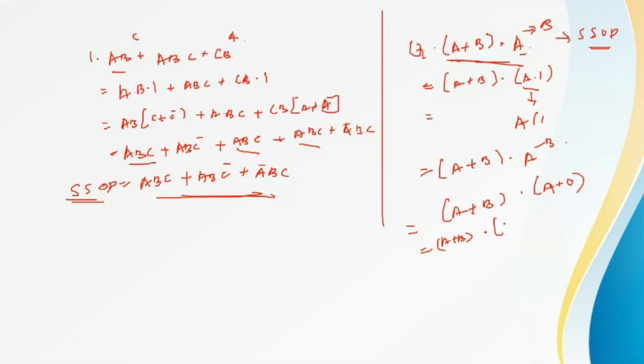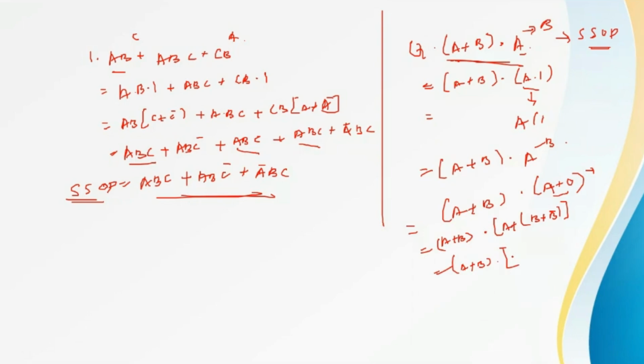A plus 0 can be taken as A plus B into B bar. A plus 0 is the identity law. Then we'll apply the distributive law.